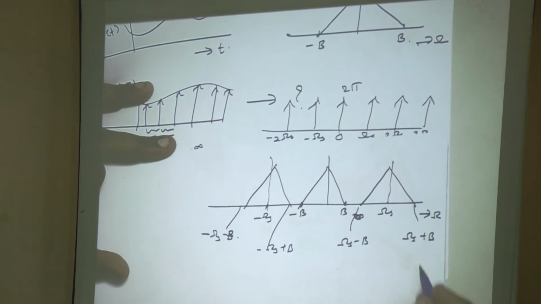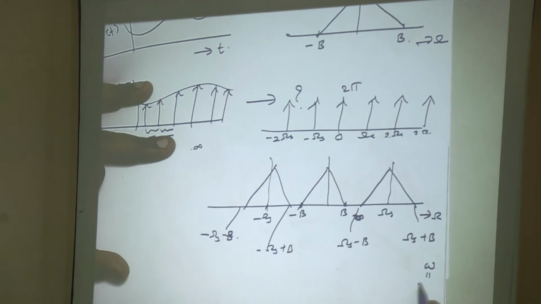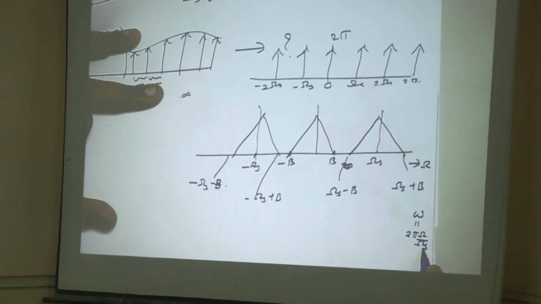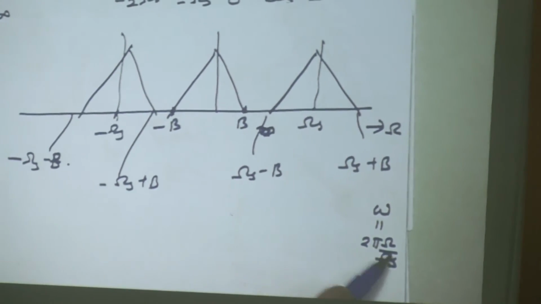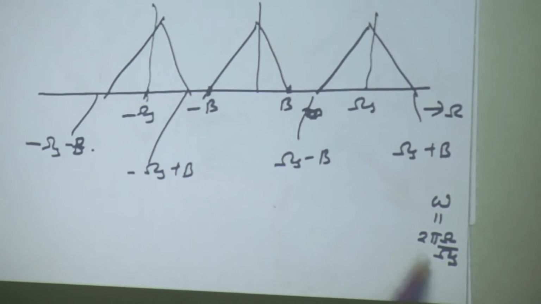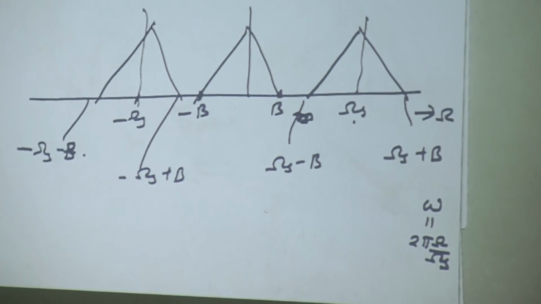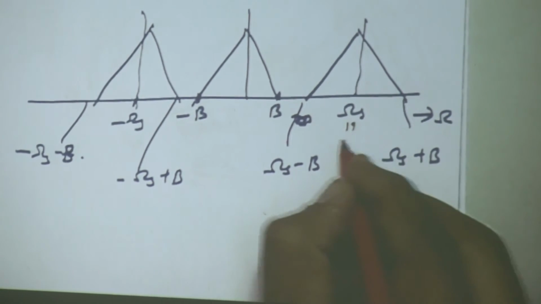If I want this scale to be small omega, what will it become? This small omega is 2 pi times omega divided by omega s. So when this omega is equal to omega s, what happens? This becomes 2 pi.